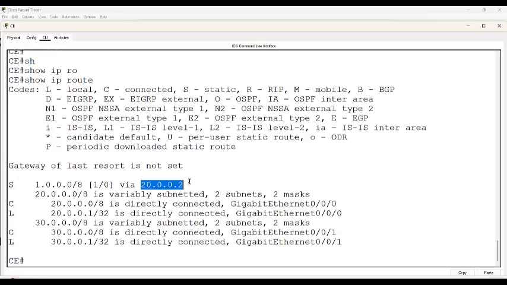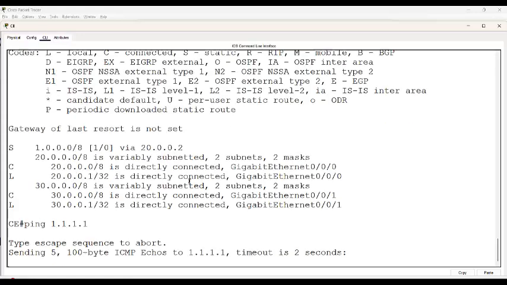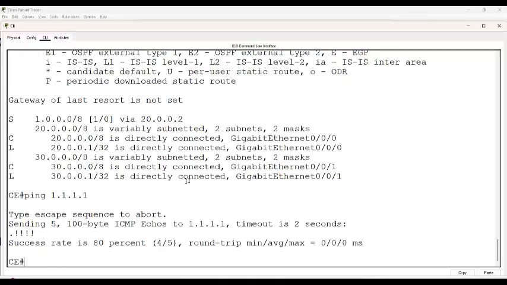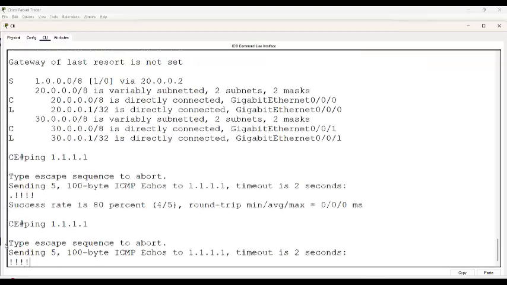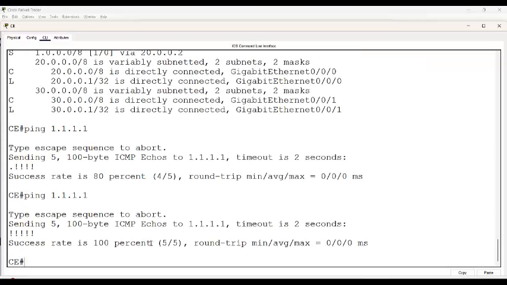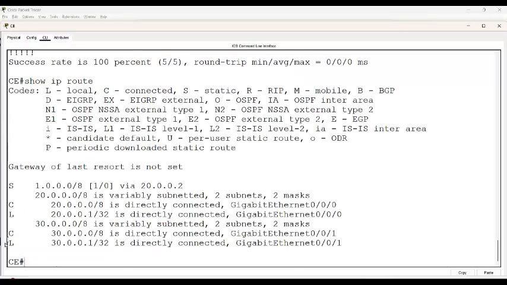Now if I ping the one which I was pinging earlier, this ping was not happening earlier, but now it will ping. See, the first packet is lost because it's the first time you ping, the first packet will be lost. But now if I ping again, all 100%. This ping is happening because of this route.